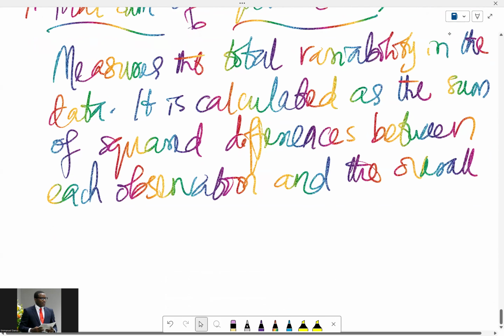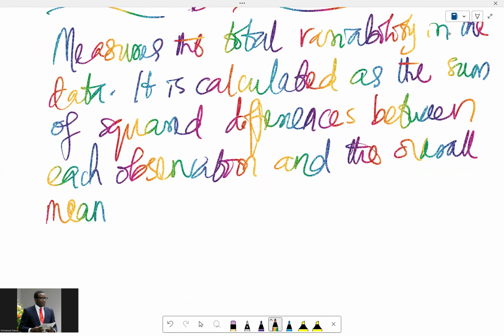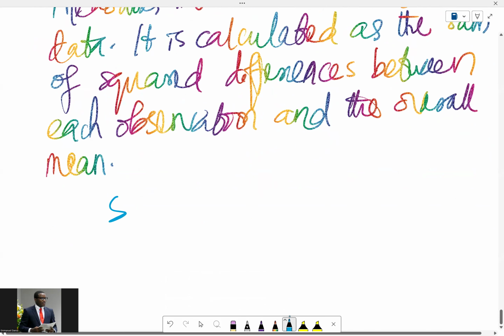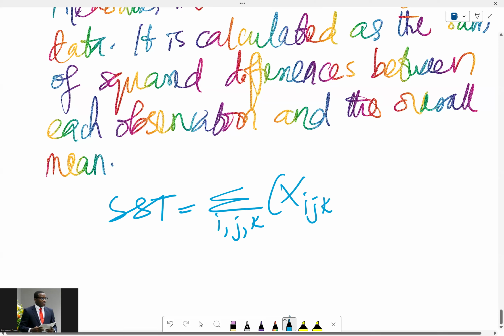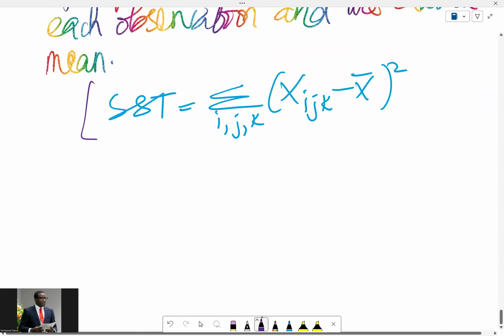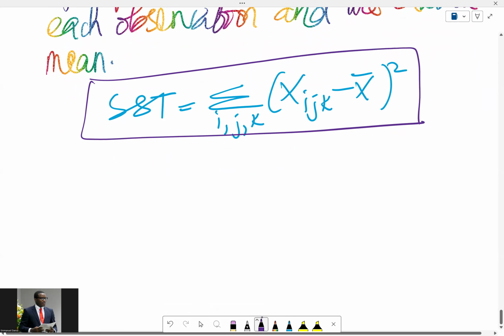That is the sum of squares total. This is computed as SST equals the summation over i, j, k of X_ijk minus X bar, squared. Now that's the formula for the sum of squares total.